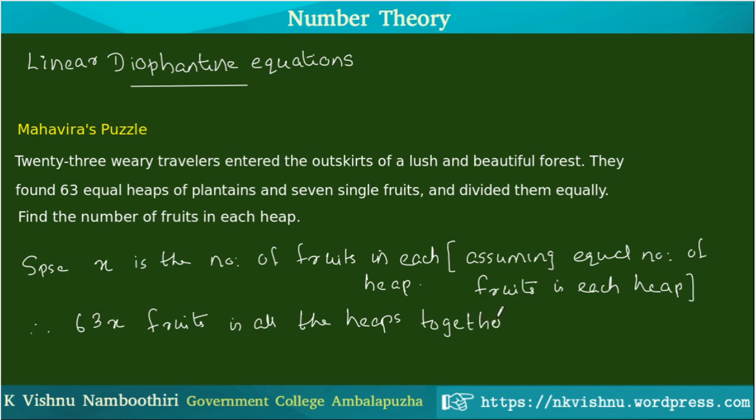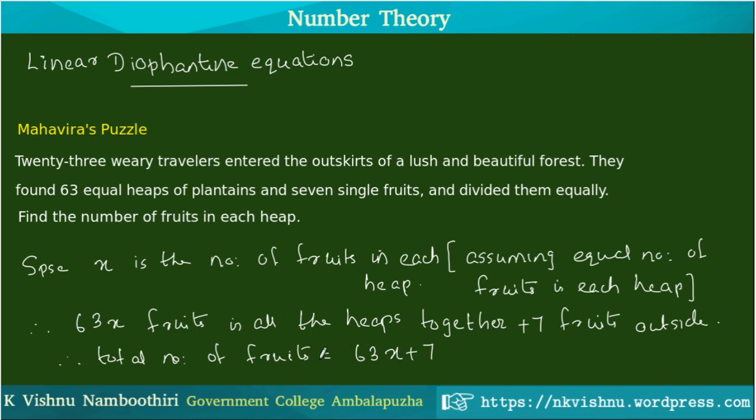But remember, there is an extra 7 fruits lying outside these heaps. So the total number of fruits is equal to 63x plus 7. We are supposed to find this x.